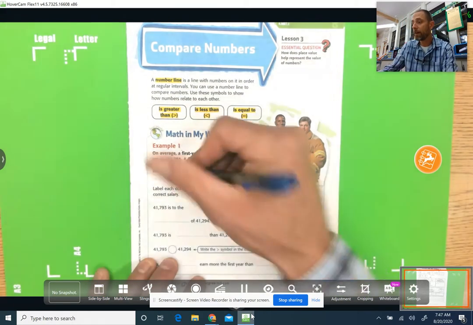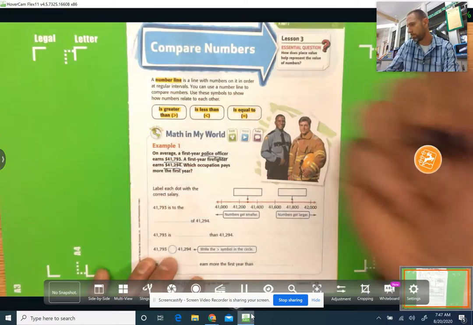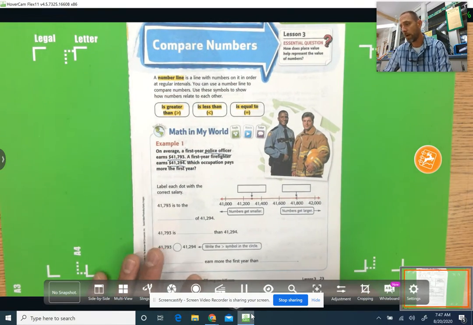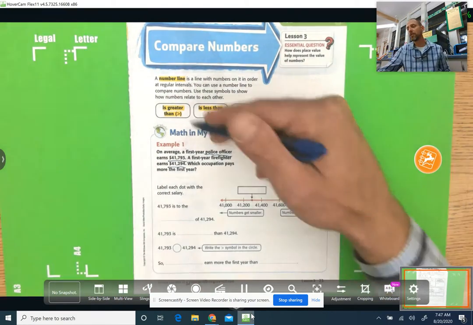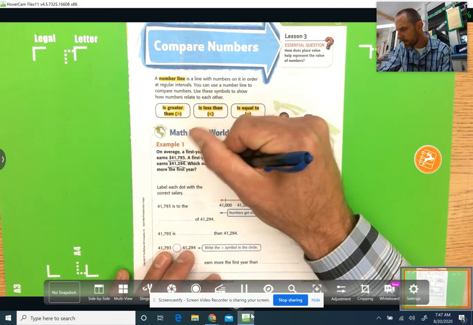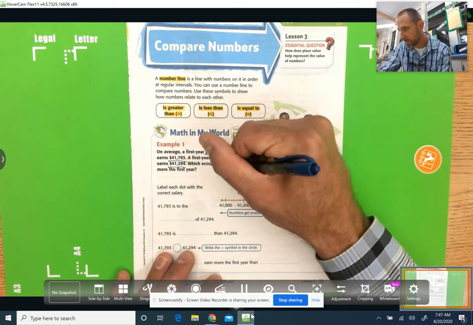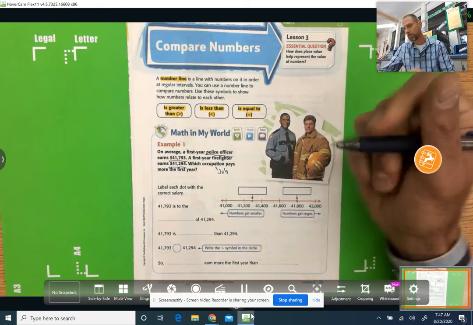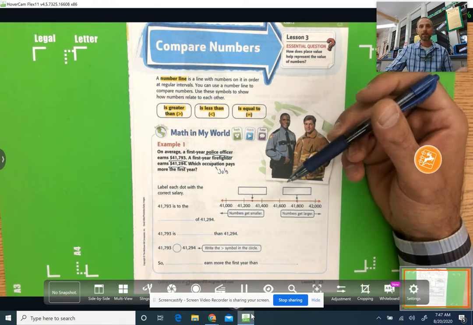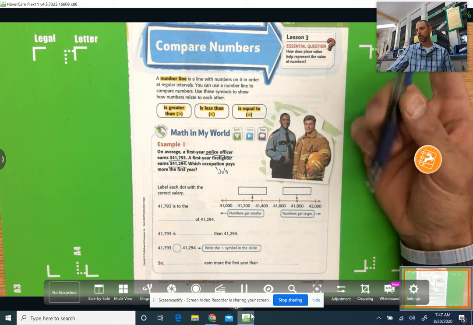A first year firefighter earns close to $41,000 a year as well. Which occupation? Okay, that's a big word right there. An occupation is simply a fancy word for a job. But nonetheless, we have meaning for these numbers. And that's why I like word problems so much.